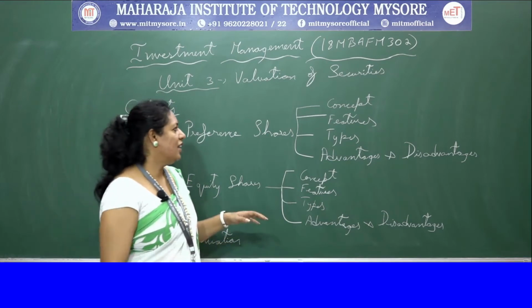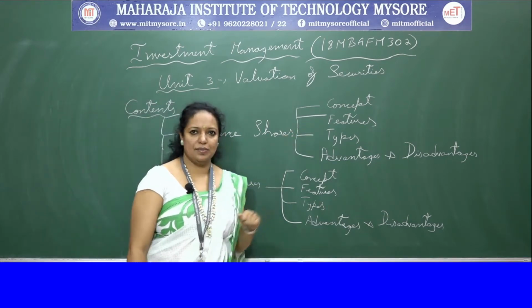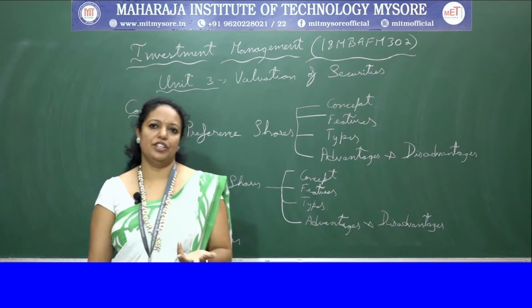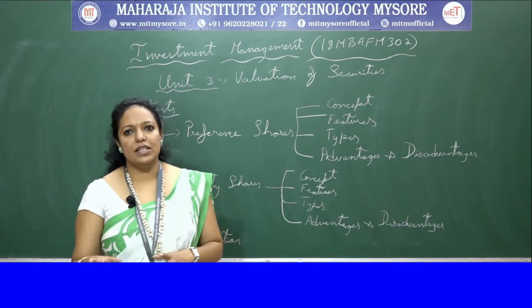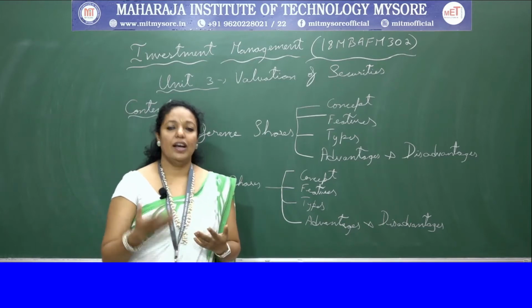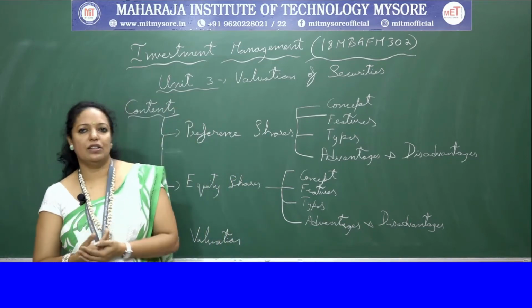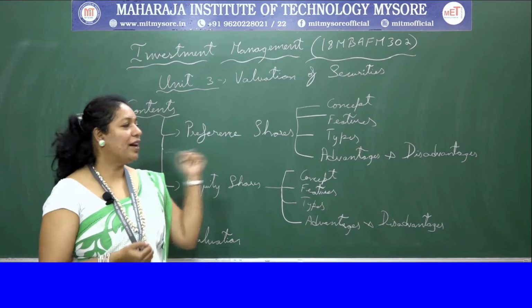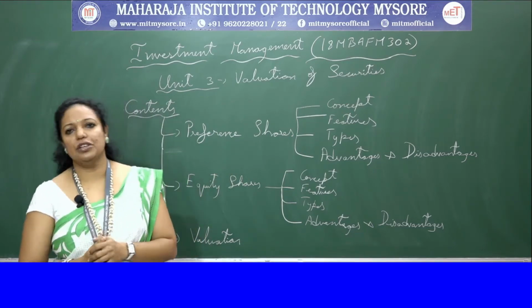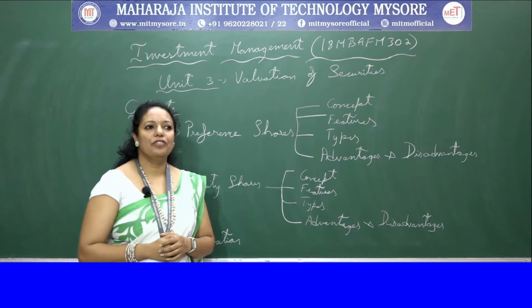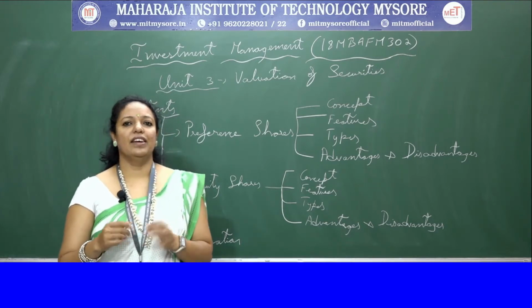Okay, let's go on next with the features. Features of preference shares. Once the meaning is derived, it is quite easy to tell the features, advantages and disadvantages of any concept. So now I have already told the meaning, we will split that and make it into the features of preference shares. So features of preference shares will begin with dividend.